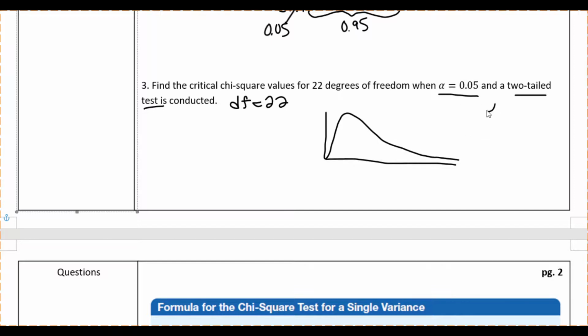So we need to do alpha divided by 2, which is 0.025. So this means that we have two chi-square values because it's a two-tailed test. On the left side, the left tail is worth 0.025, and the right tail is also worth 0.025, as we calculated here.